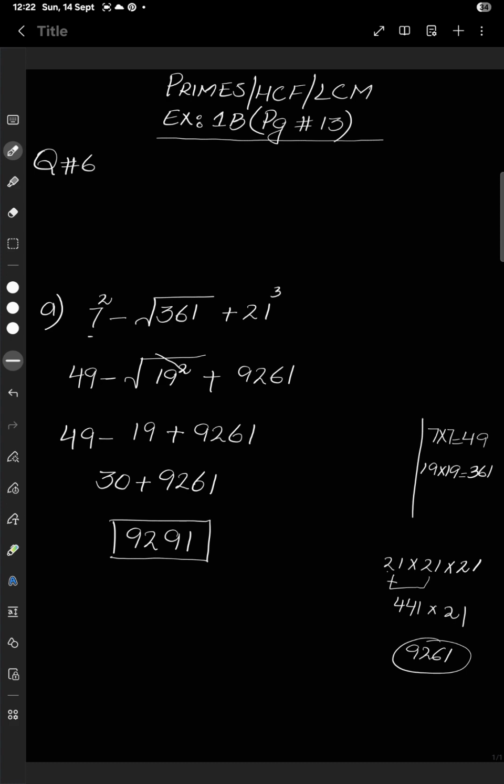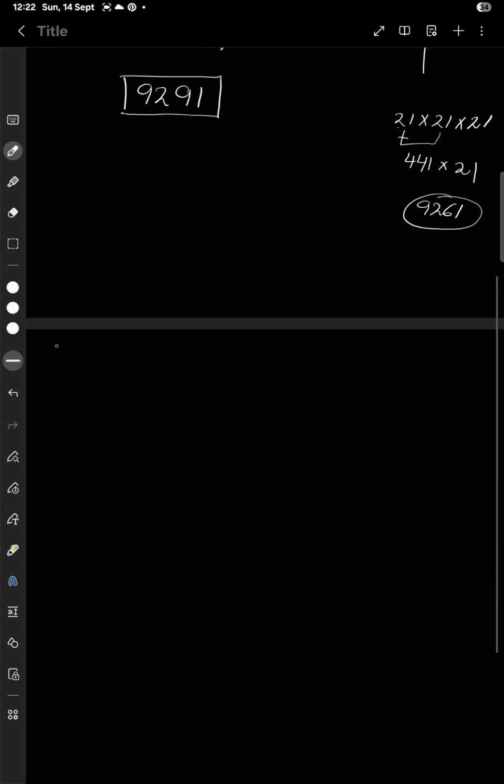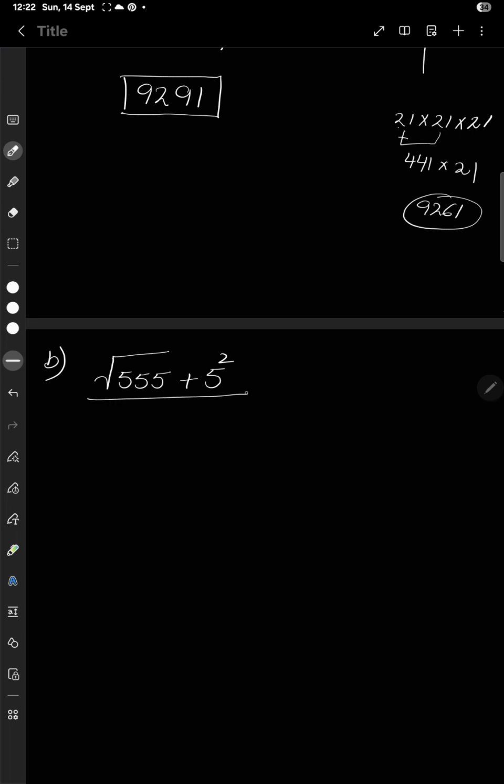A part is done. Now we will move to the B part. In B part, the question is square root 555 plus 5 square over 2 cube multiplied by cube root of 222.